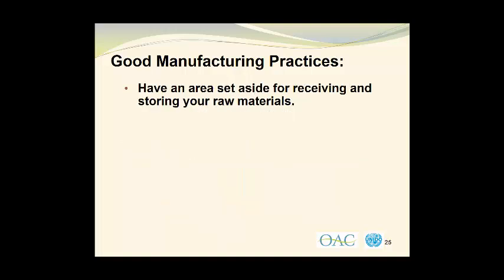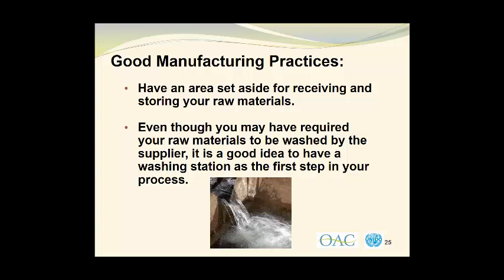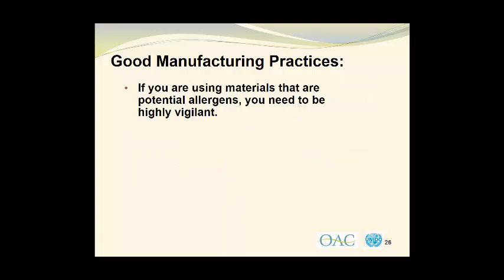As part of a good manufacturing practice program, you should have an area set aside for receiving and storing your raw materials. Even though you may have required your raw materials to be washed by the supplier, it is a good idea to have a washing station as the first step in your process.